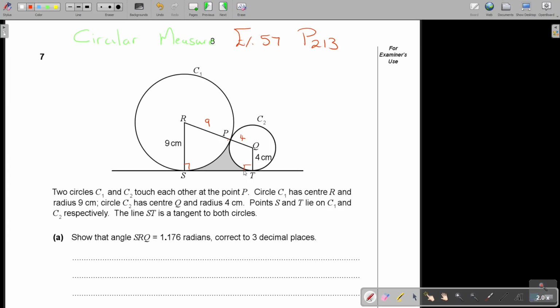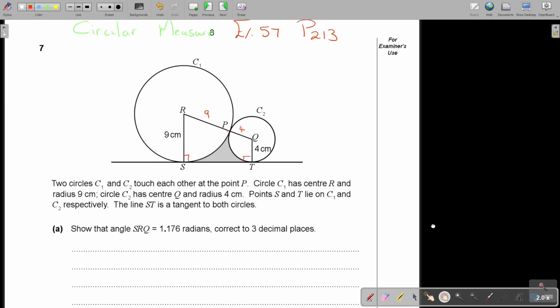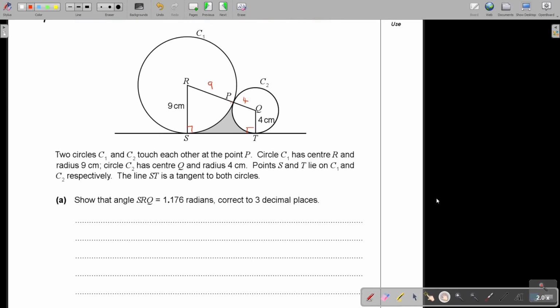Okay, now we can start with the question. They say show, so first we're going to see if we can create a 90-degree triangle. If we make a line there, then we have also 90 degrees there.